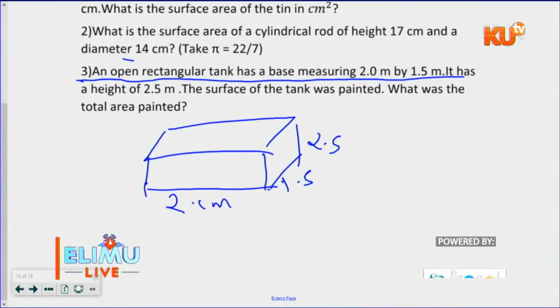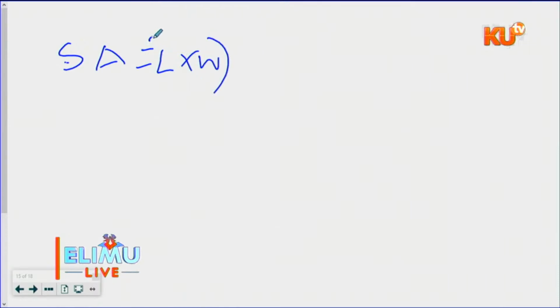What is the formula? The formula of the surface area of an open cuboid is equal to length times width. Remember, it is open.